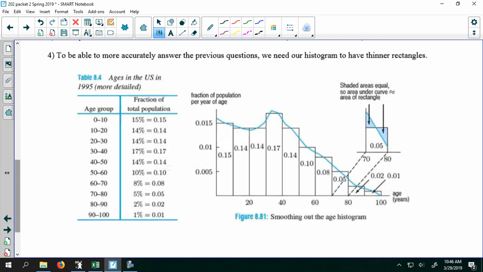And when I smooth it all out, I get this blue curve. Just keep thinning out the rectangles, figuring out what percentage of the population is exactly 12 years and 1 day old, and that tiny rectangle would represent that percentage.